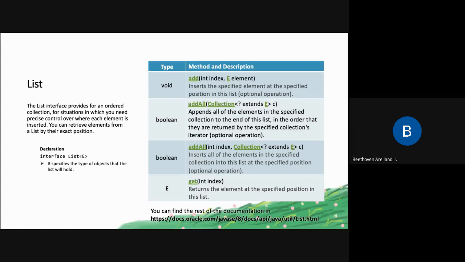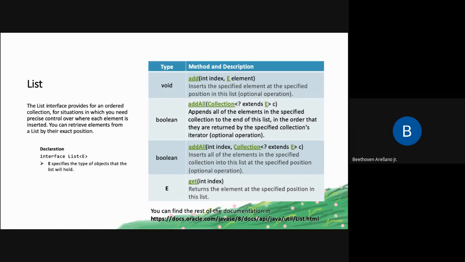Note that several of these methods will throw an UnsupportedOperationException if the list cannot be modified, and a ClassCastException is generated when one object is not compatible with another, such as when an attempt is made to add an incompatible object to a list.